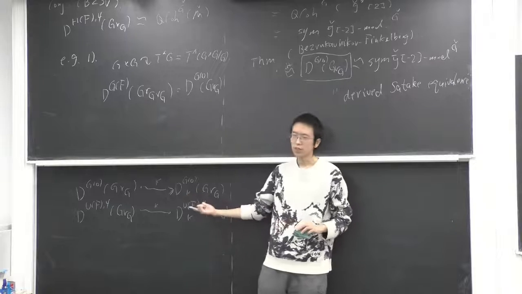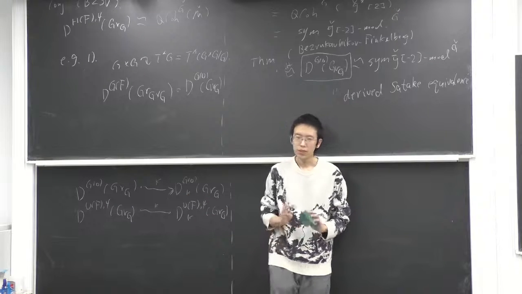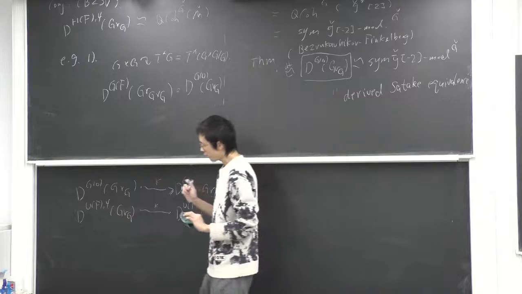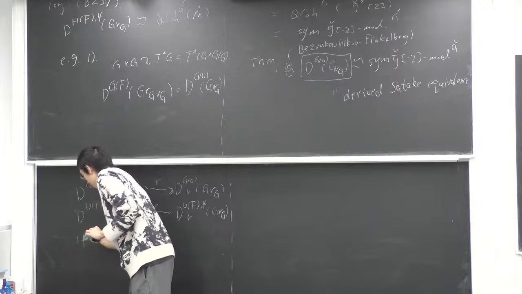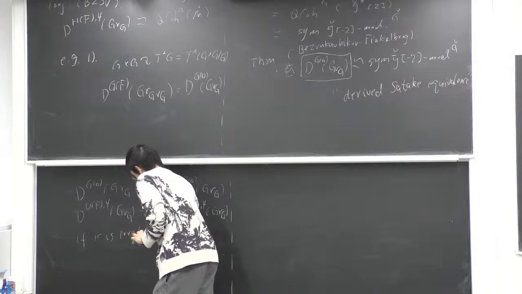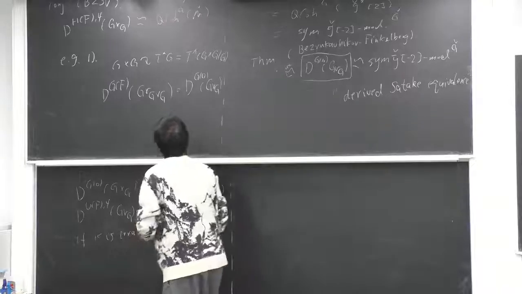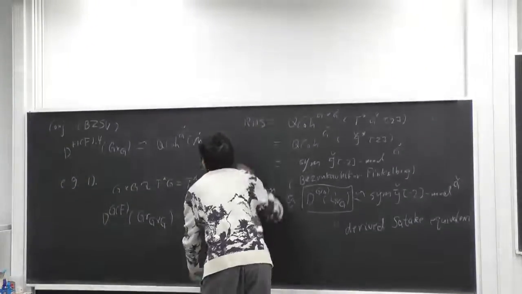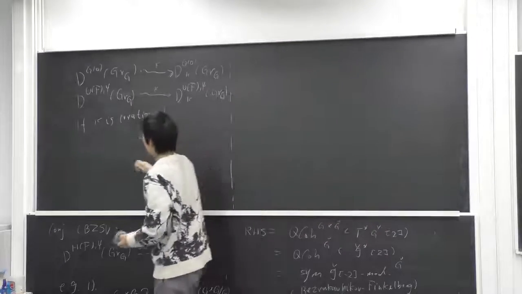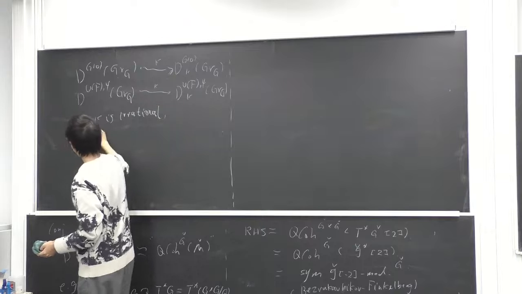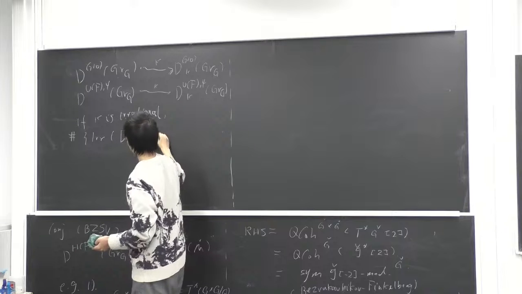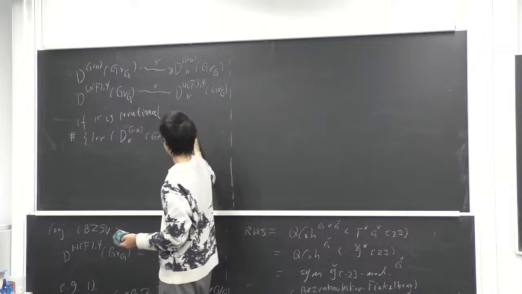However, here, the first deformation is not very meaningful. The reason is after you take deformation, this category will become too small, so it's a bit boring. For example, if your kappa is irrational, then the number of irreducible objects in the category of G_O equivariant kappa twisted D-modules on the Grassmannian is just one.